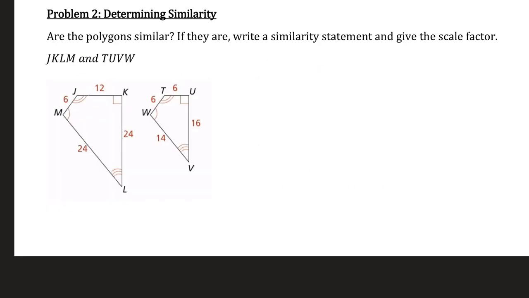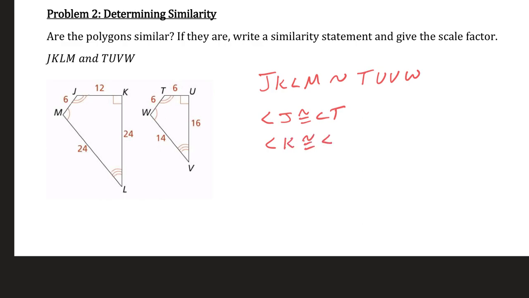Are the polygons similar? If they are similar, write a similarity statement and give the scale factors. So we have JKLM, and we want to check if it's similar to TUVW. You have to check if angle J is congruent to angle T, angle K is congruent to angle U, angle L is congruent to angle V, and the last one, angle M, is congruent to angle W. We have to show that they're congruent, so that's true.